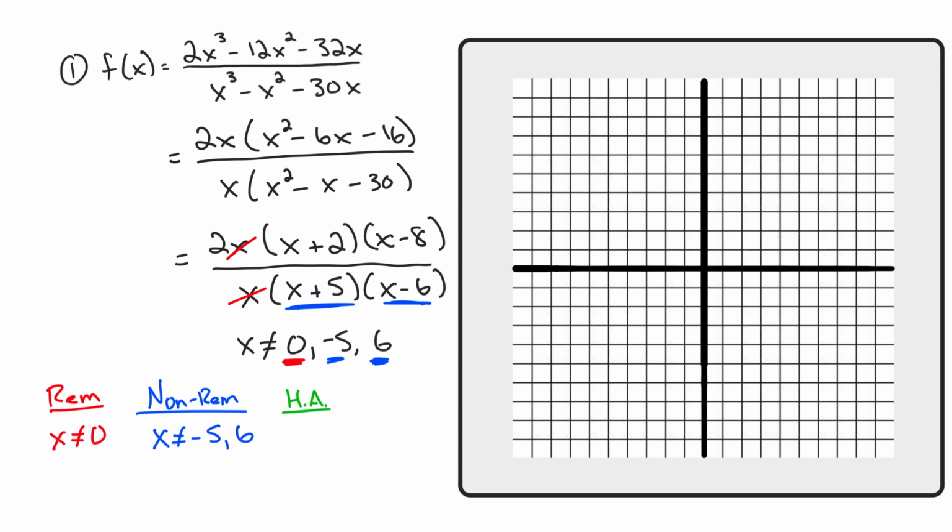Since they're the same, the horizontal asymptote will be at y equals a over b, where a is the leading coefficient for the polynomial in the numerator, and b is the leading coefficient in the polynomial in the denominator, which is a 1, because that's 1 times x cubed. So it would be y equals 2 over 1, which is just y equals 2.